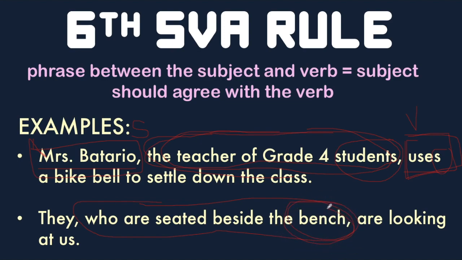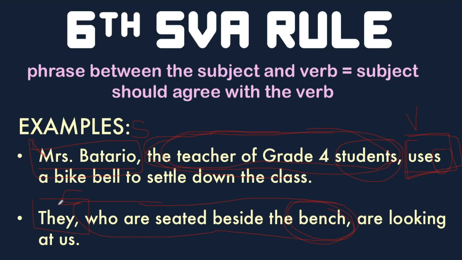Let's find the subject. Can you tell me where the subject is? Yes, correct. It's they. And the pronoun they, what is it? Is it singular or plural? Definitely it's plural. Therefore, if we have a plural subject, we should also have a plural verb.